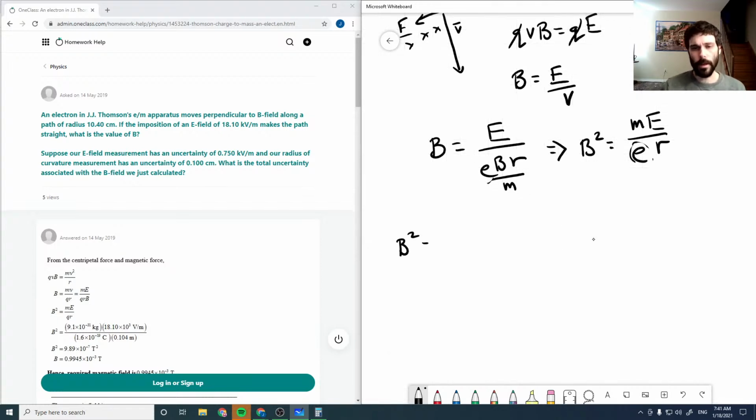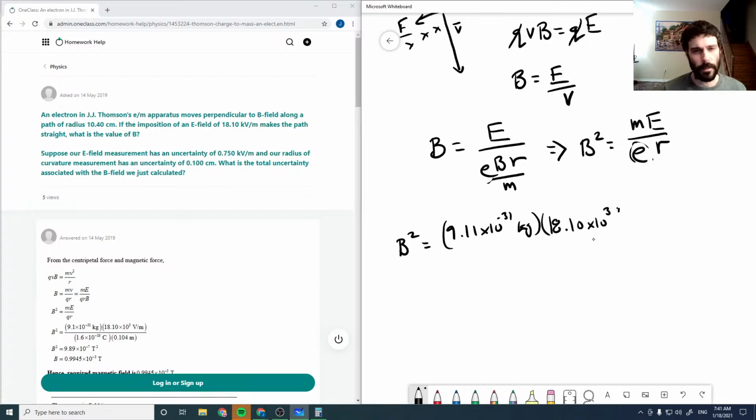And so then B squared is our mass for an electron, 9.11 times 10 to the minus 31 kilograms, times our E field, which is 18.10 times 10 to the 3. And a volt per meter is just a Newton per coulomb.